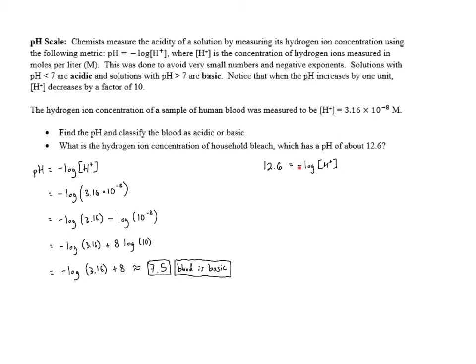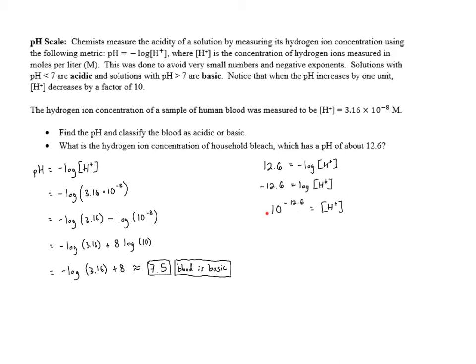So first we want to get rid of this negative sign out front. If we divide both sides by -1, this should give us negative 12.6 equals the logarithm of the hydrogen ion concentration. And then we can write this in exponential form. This becomes 10 to the negative 12.6 equals that concentration.